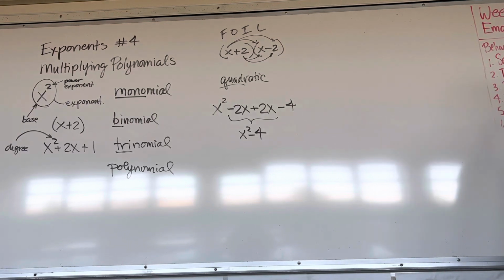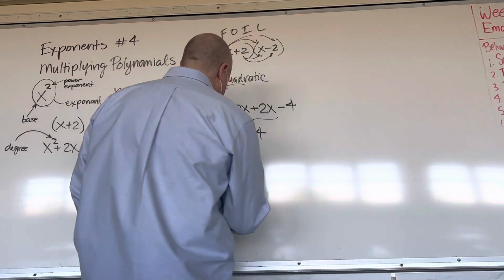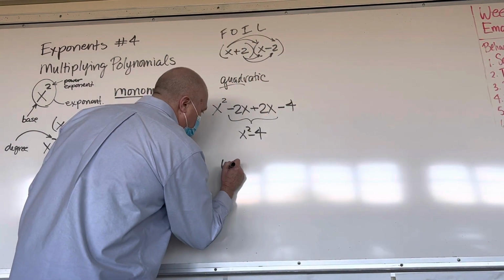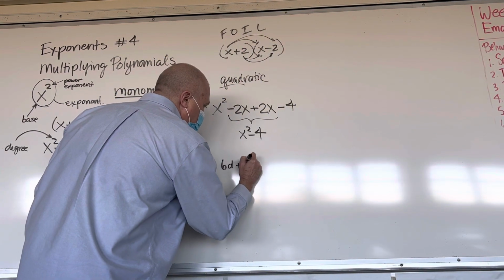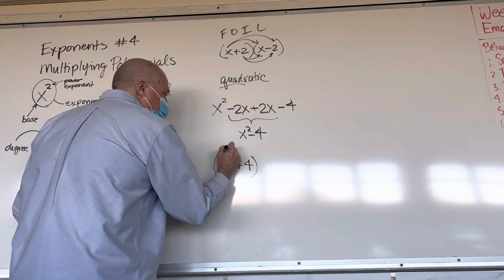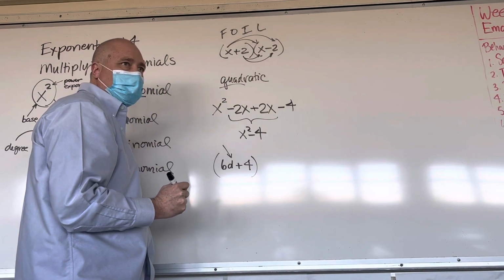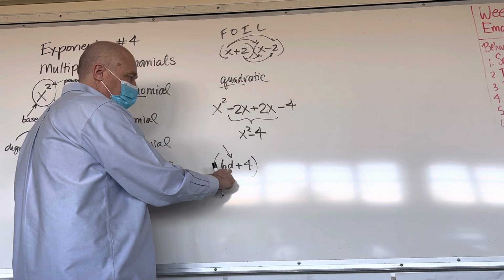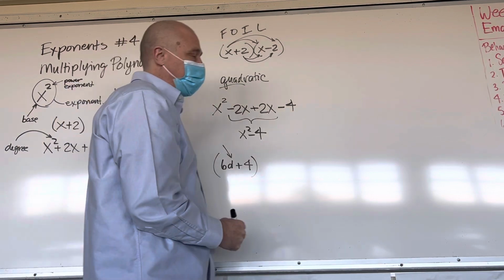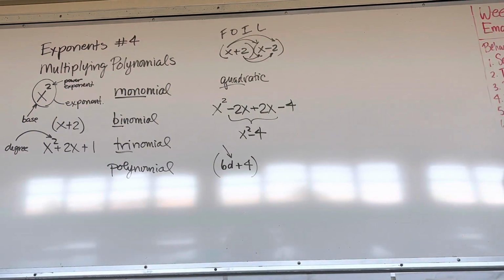So let's take a polynomial and multiply them. I don't know if I can see this very well. Does this say 6d plus 4 there? Yeah. Okay, I'm having a hard time seeing the board. 6d plus 4. This is one of the reasons I always use x's and y's. Do you see how my d starts to look like other things? I apologize for that a little bit. I like to use x's instead.